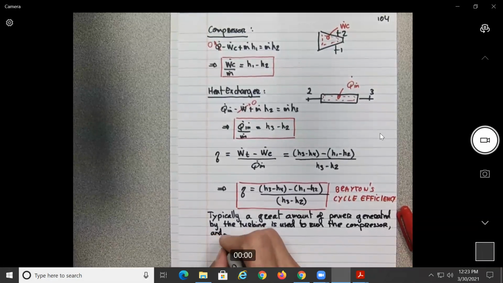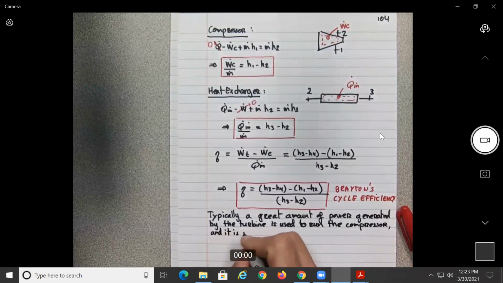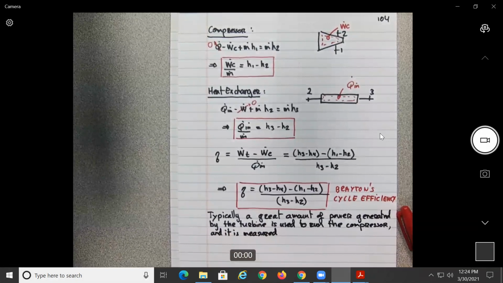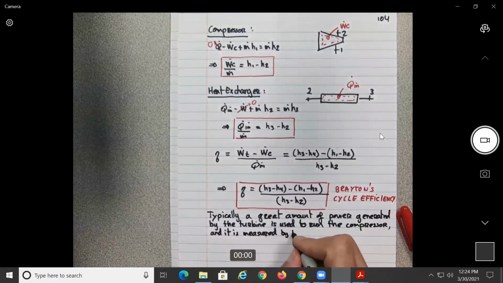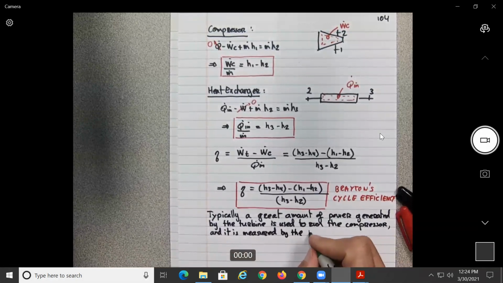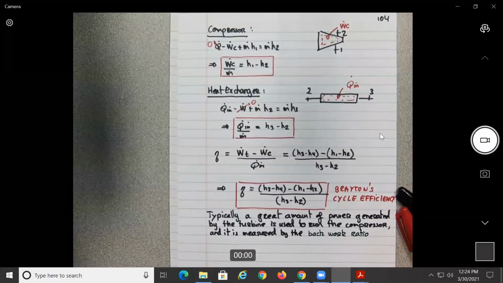And it is measured by something that they call the back work ratio.